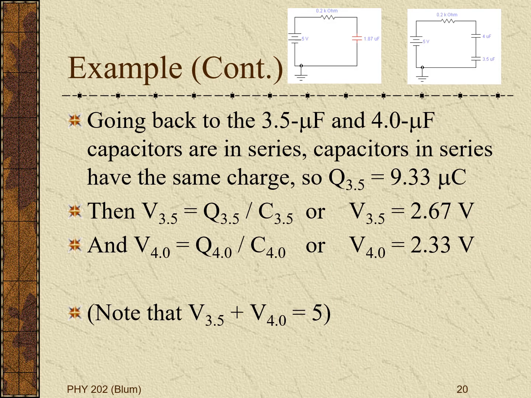Next, we can take a step backward. That 1.87 microfarad equivalent capacitance was 2 capacitors in series, a 3.5 and a 4. Now we know that capacitors in series have the same charge and the same charge as their equivalent. So we know the charge on both of these capacitors is 9.33 microcoulomb.